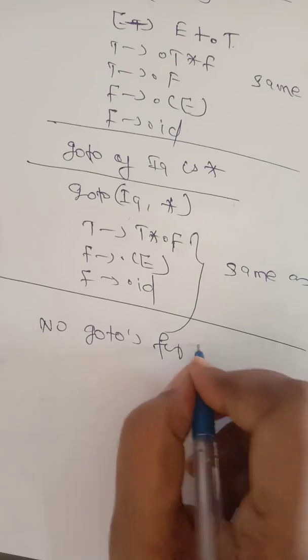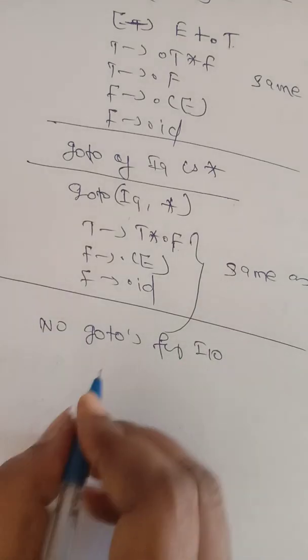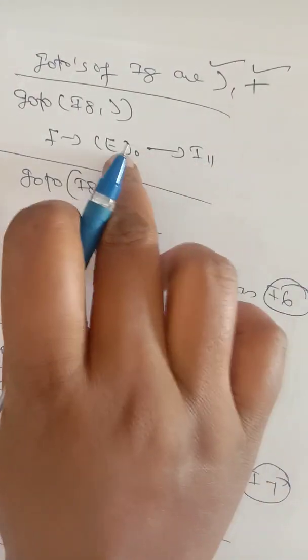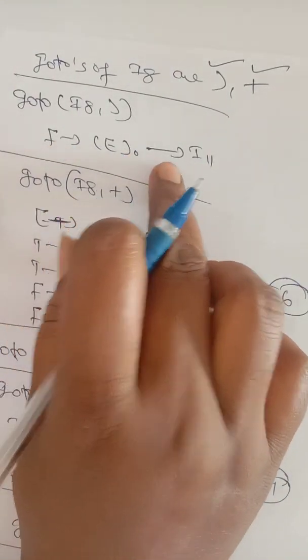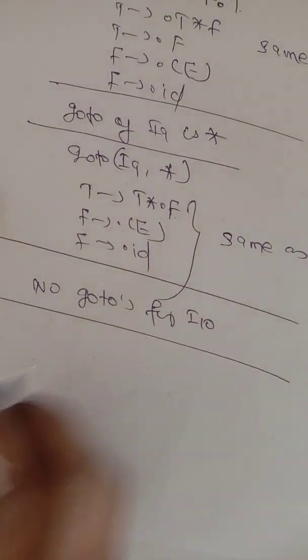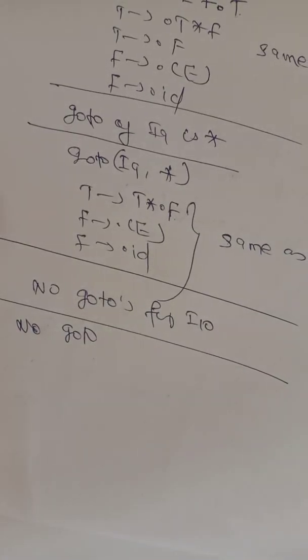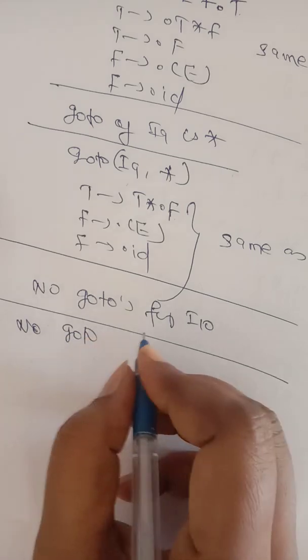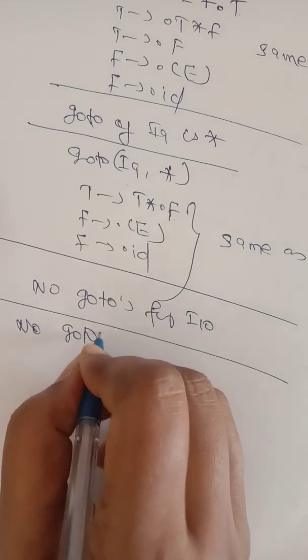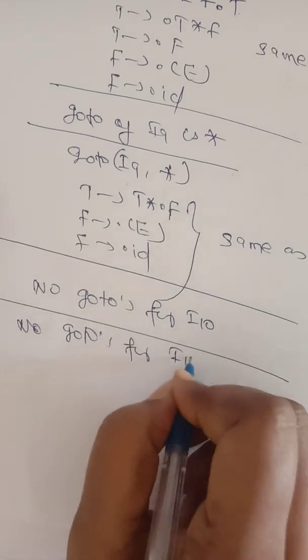No go tos for I10. Then come to I11. Check I11: after dot, is there any value? No value, so no go tos for I11.